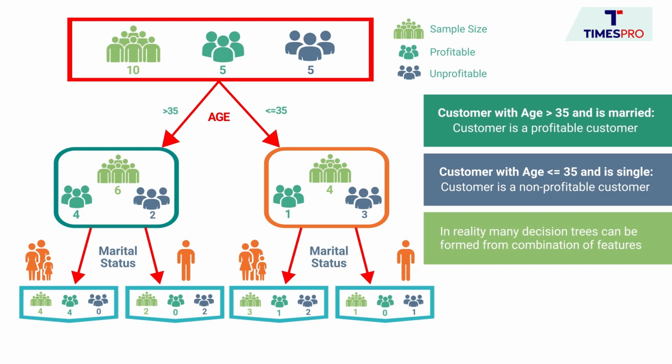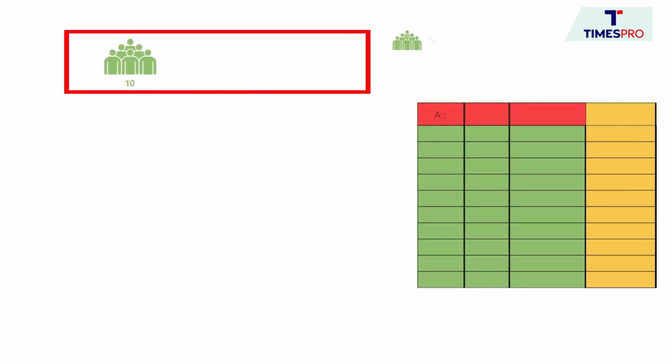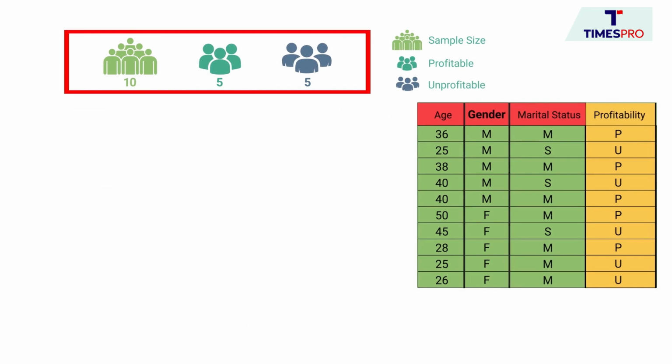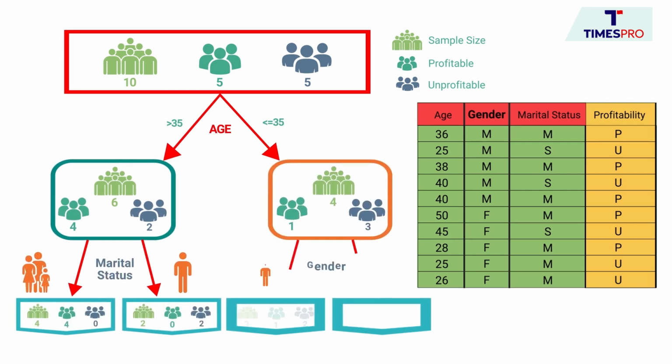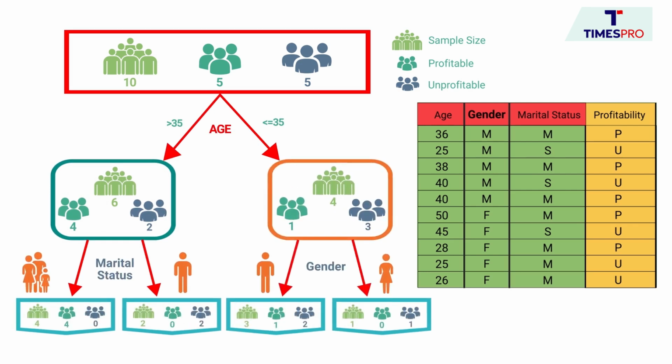In reality, there could be many such decision trees which can be formed from a combination of features. Here is another decision tree which can be formed where we start splitting by age and then by marital status and gender. So, there could be different combinations of features which can be used for constructing the decision tree.